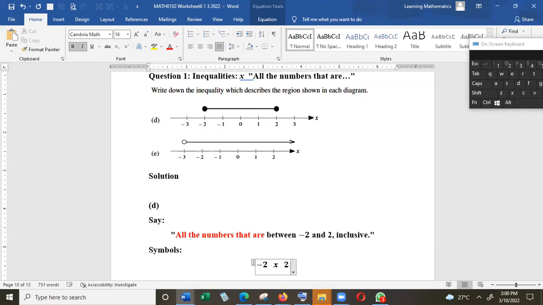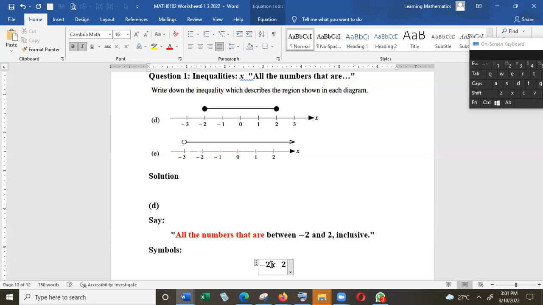Now we need to put a symbol here. So all the numbers that are greater than or equal to -2. Because if you start reading from the X, you're going to say all the numbers that are greater than.